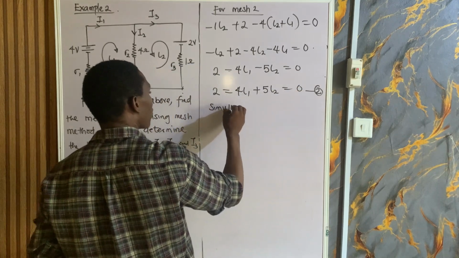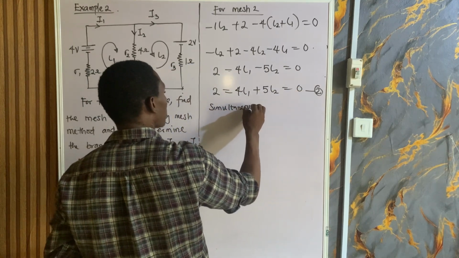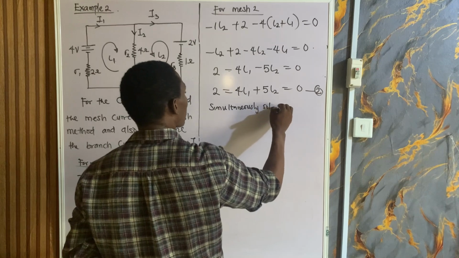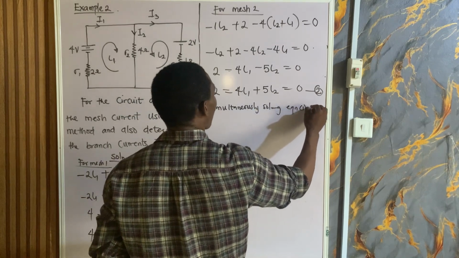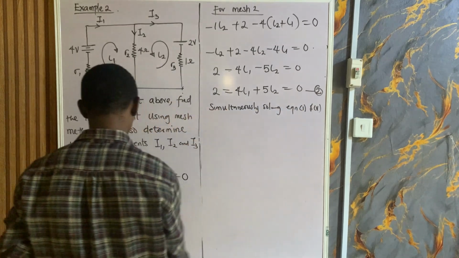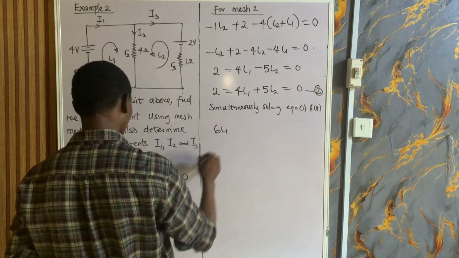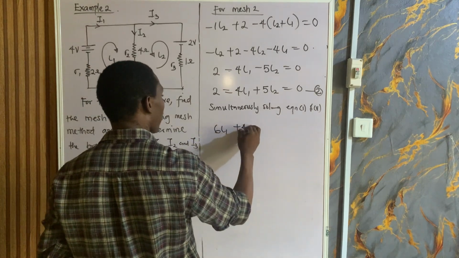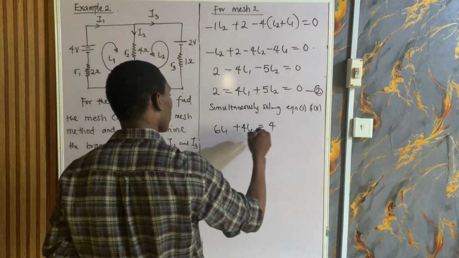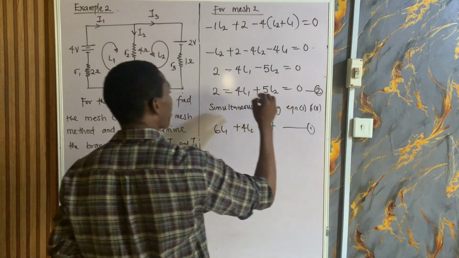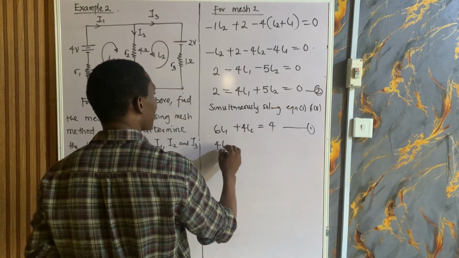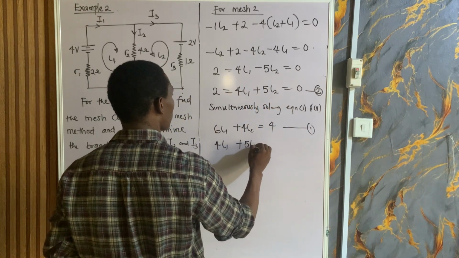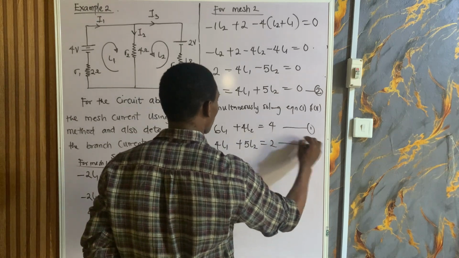Solving equation 1 and 2 simultaneously. Equation 1 says 6I1 plus 4I2 is equal to 4. This is equation 1. And equation 2 says 4I1 plus 5I2 is equal to 2. This is equation 2.